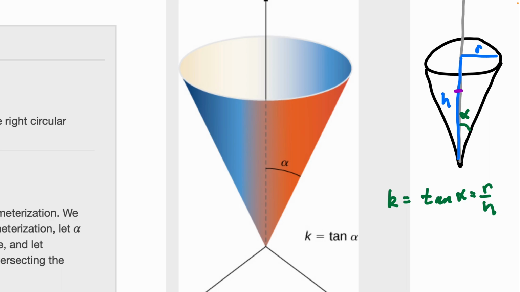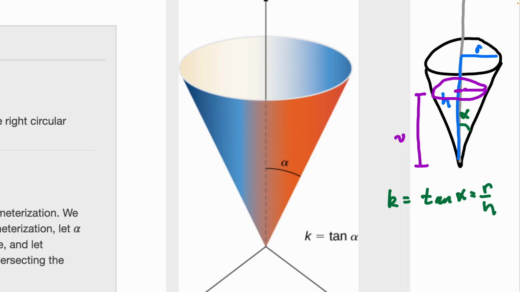At that height, let's look out from the axis of symmetry until we get to the actual cone, and then draw in the cross section, the circle. Let's call that height V.